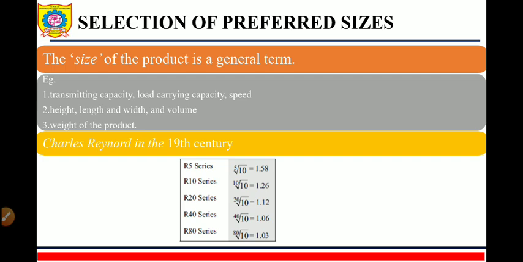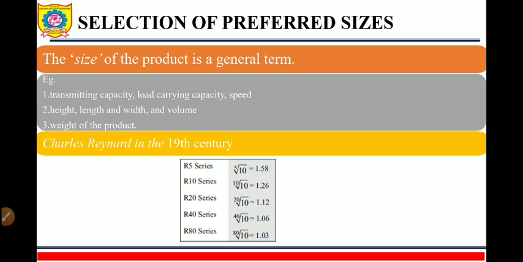So the next number in the R5 series is increased by 58% of the original value. In the R10 series, 10th root of 10 is 1.26, so there is a 26% increase in the next number of the R10 series. R20 is 20th root of 10, which is equal to 1.12, which gives a 12% increase in the next number of the R20 series.